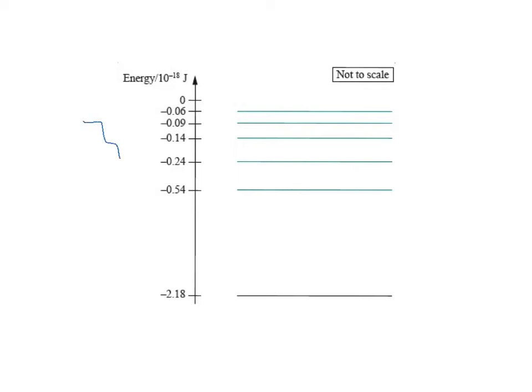So you would get a photon that came in, and the electron would gain that energy, and it would jump up, say, to this level.